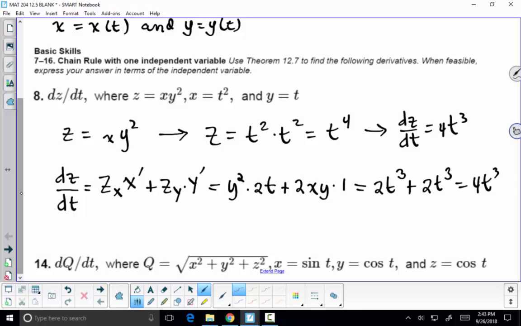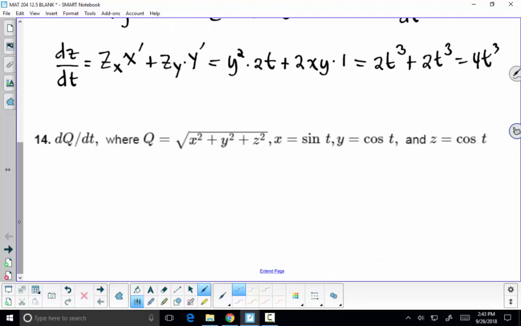Not too bad. Okay, so here, Q is a multivariable function. Each of its variables is a single variable function. So we have 2 choices. Let's do the substitute and then derivative method first.